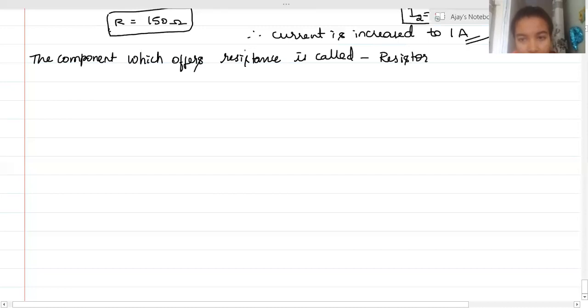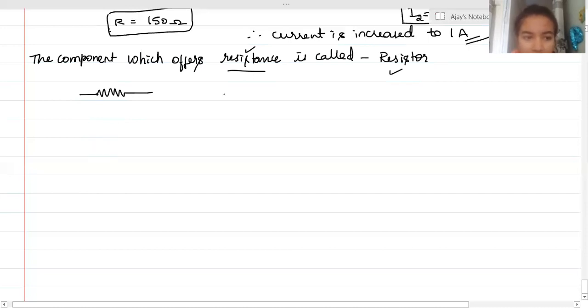So resistance is a phenomenon, a property, and the device name is called a resistor. And the symbol for the resistor is this. I have written it on the screen.